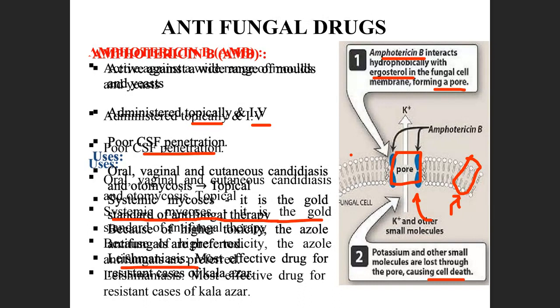Kala Azar is also known as black fever. It leads to fever and attacks the spleen and the liver, so the spleen and the liver will be damaged in Kala Azar. In such cases, Amphotericin B can be prescribed.